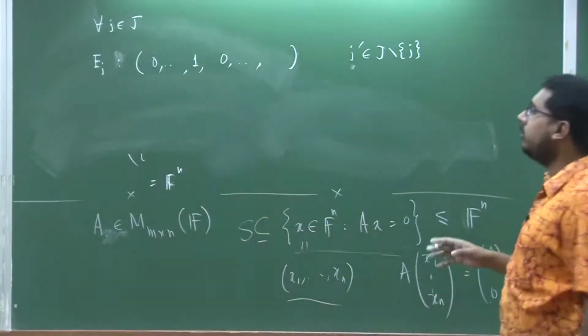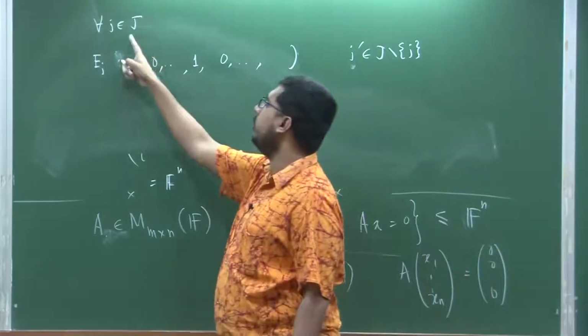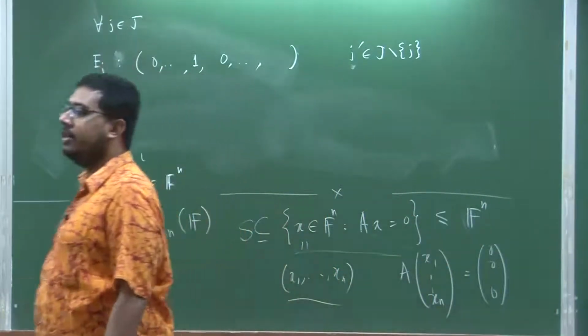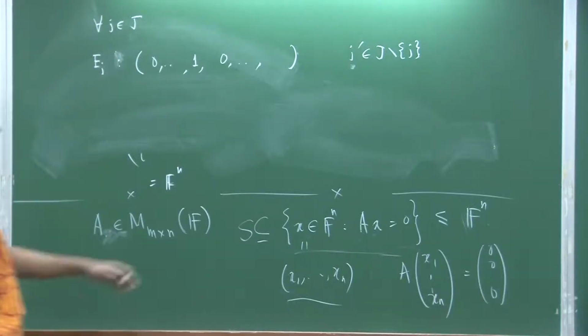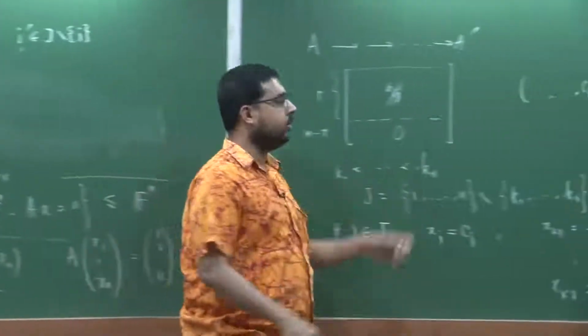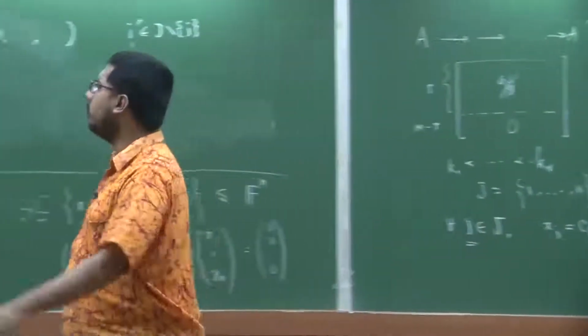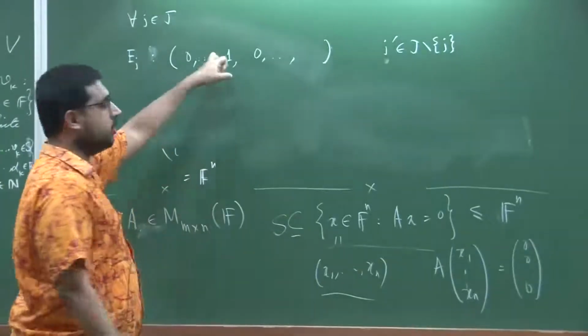Thus the coordinates corresponding to each point in capital J are now given. We are only left with the coordinates corresponding to k1, k2, up to kr, and for them we know what to put.